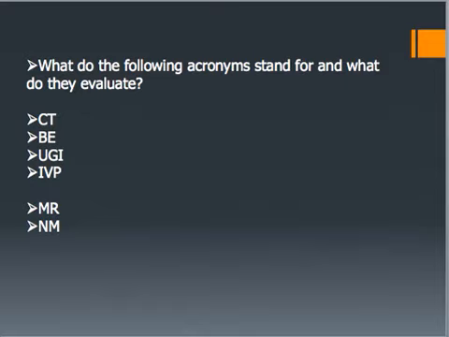And then NM stands for nuclear medicine. Nuclear medicine can evaluate many different body parts, like the musculoskeletal system and cardiovascular system. Remember, there's over 100 different exams for nuclear medicine, so I'm not going to go through and break all those down.